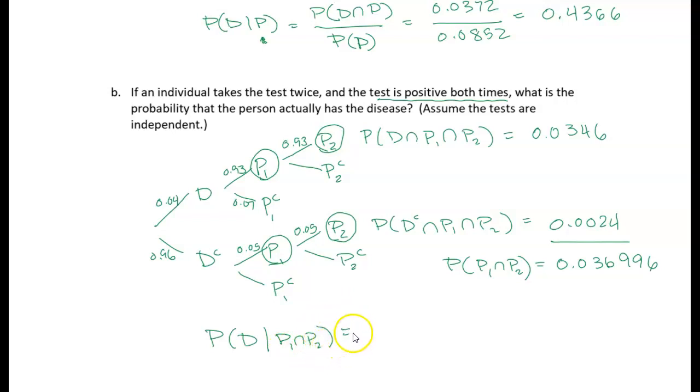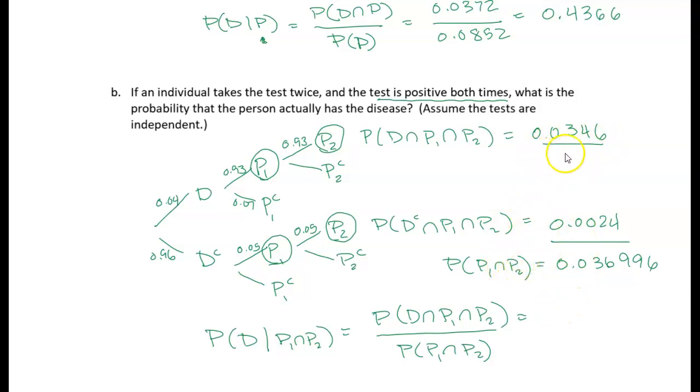So that's going to be the probability of having the disease and testing positive on the first and on the second, over the probability of having two positive tests. I'm just going to take the value I got up here for the probability of having the disease and testing positive on the first and second.